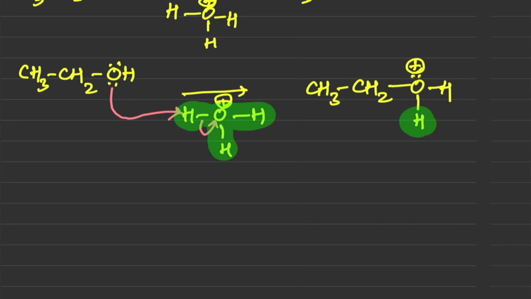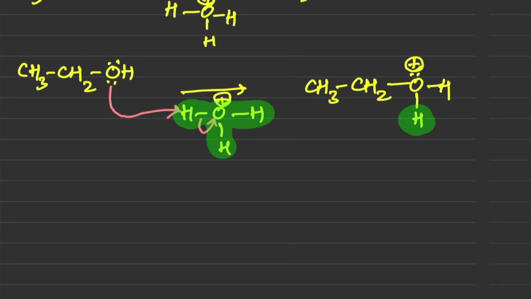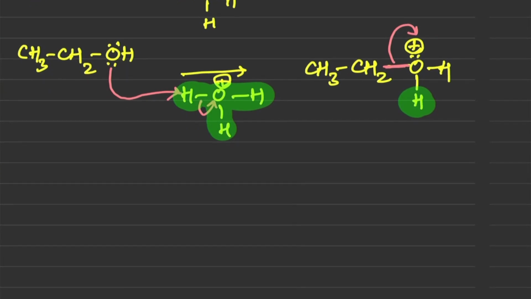Now what's the next goal? You created a positive charge, so your next goal should be how can I neutralize it? The way the reaction will move forward is if I bring these 2 electrons back to oxygen, so the water is going to go out of your molecule.